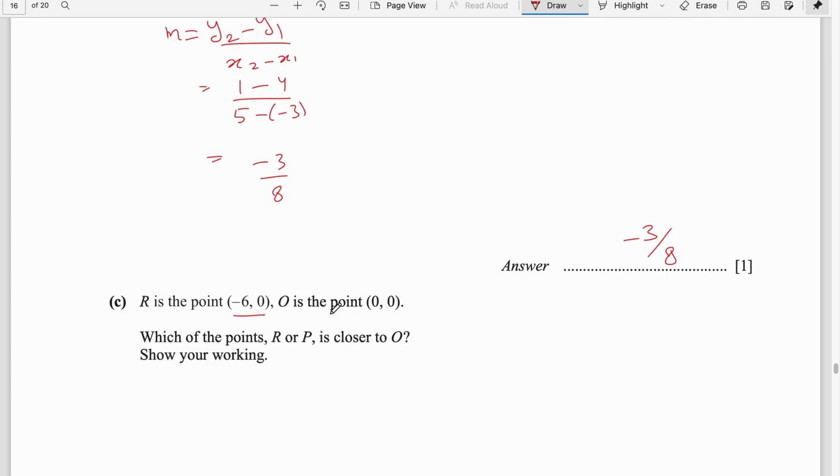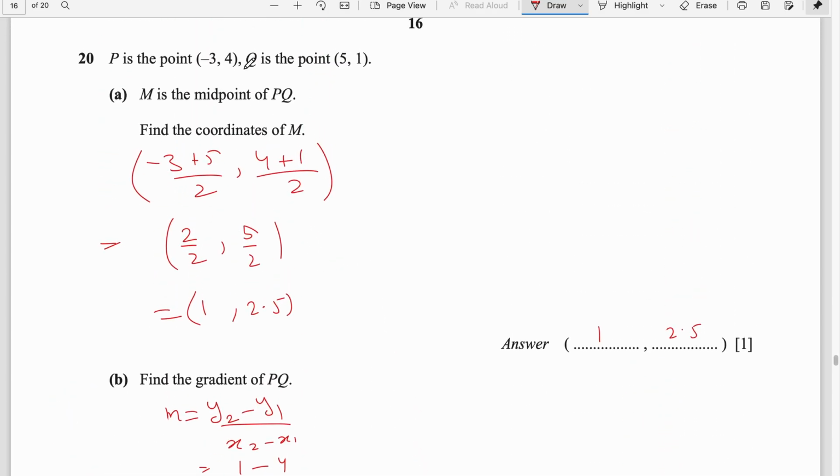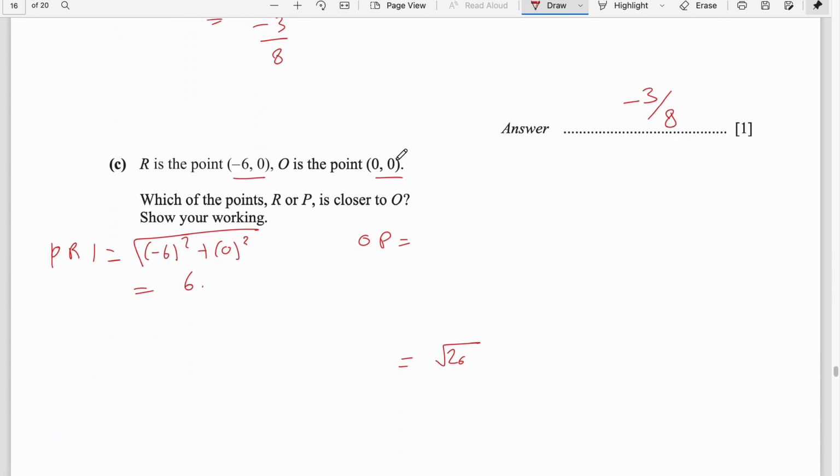R is the point 6,0. O is the origin. Which of the points R or P is closer to O? OR is equal to the square root of change in x squared plus change in y squared. So that is 6. And OP, coordinates of P were minus 3, 4, and the other are 0.